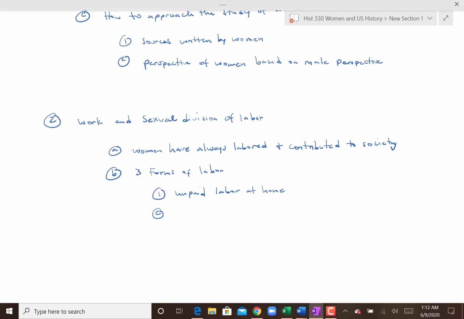Labor at home initially is visible because people had farms and they lived at home, and their home was also their workplace. We'll see with industrialization, there is a massive shift in separating the domestic home sphere and the work sphere or public sphere. And what happens then is that women's labor becomes much more invisible.